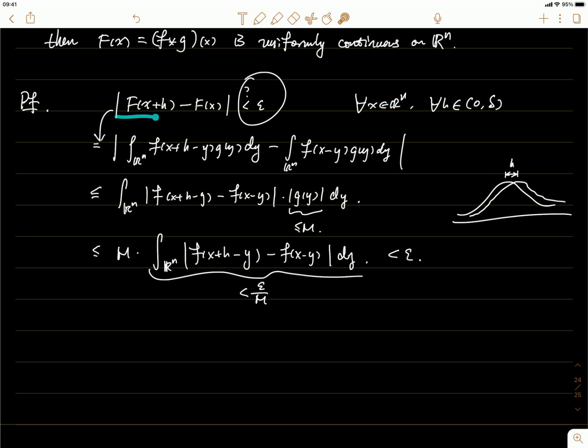And that shows that this is less than epsilon whenever h is less than delta. And it doesn't depend on x, so this holds for any x. And this means that the capital F is uniformly continuous over R^n. Okay, so that is the proof of this result.